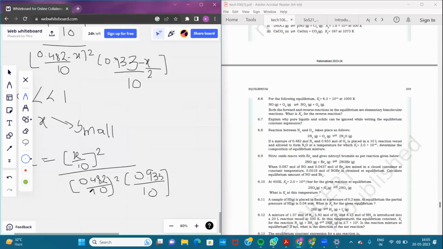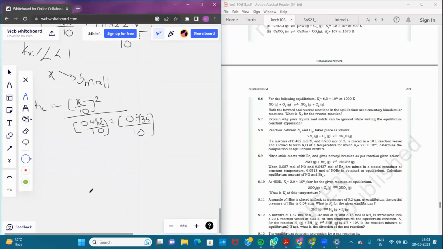By substituting the Kc value, we get the value of x as 6.6 into 10 to the power of minus 21.